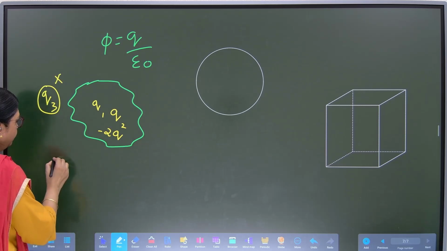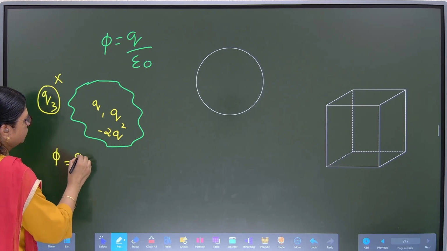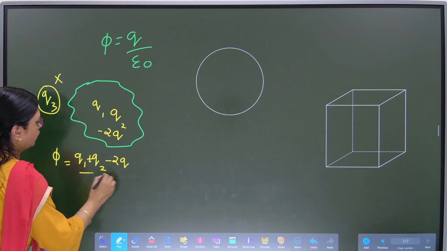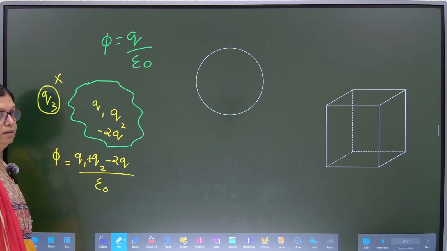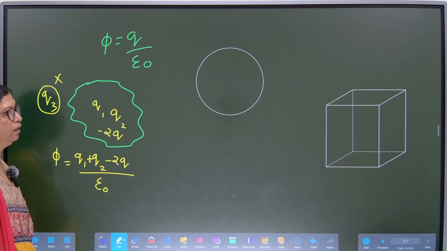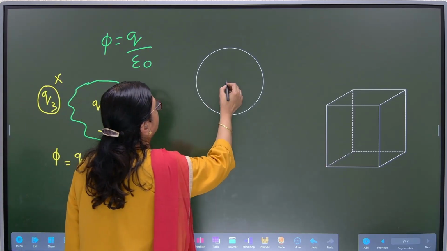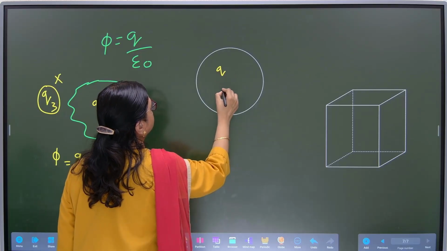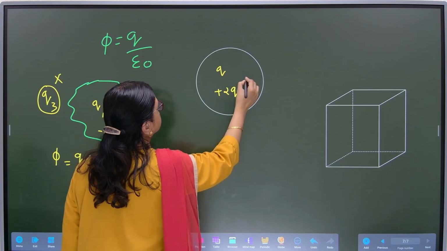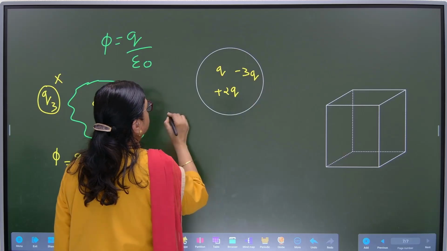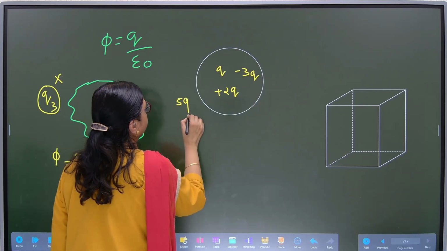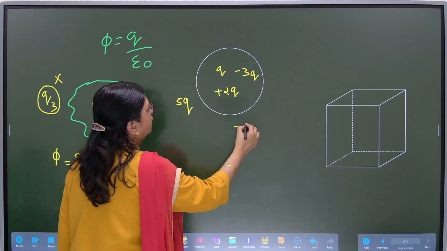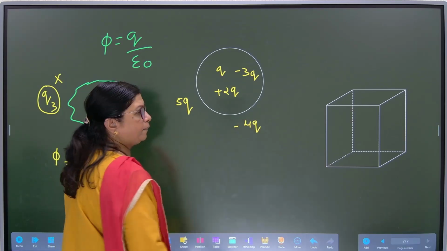Phi is equal to Q1 plus Q2 minus 2Q upon epsilon naught. Now in this case, I can consider some charges Q, plus 2Q, minus 3Q. Here there is one more charge. Should I consider this 5Q or negative 4Q in my formula?